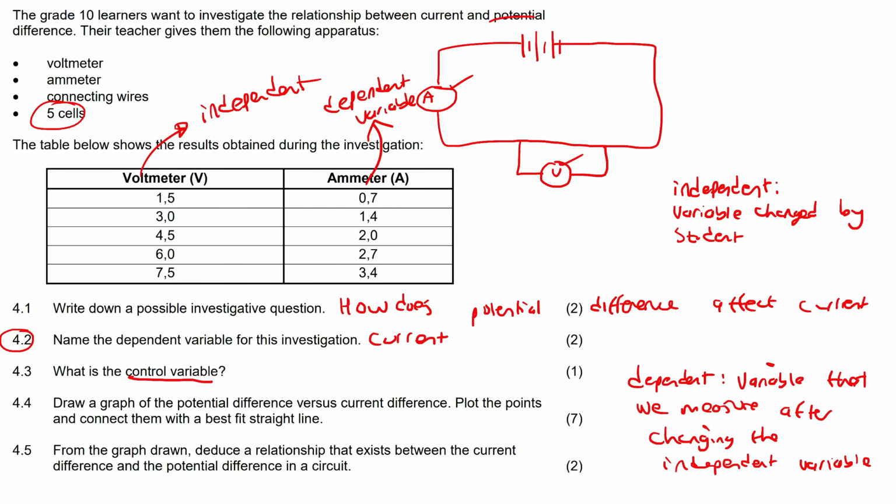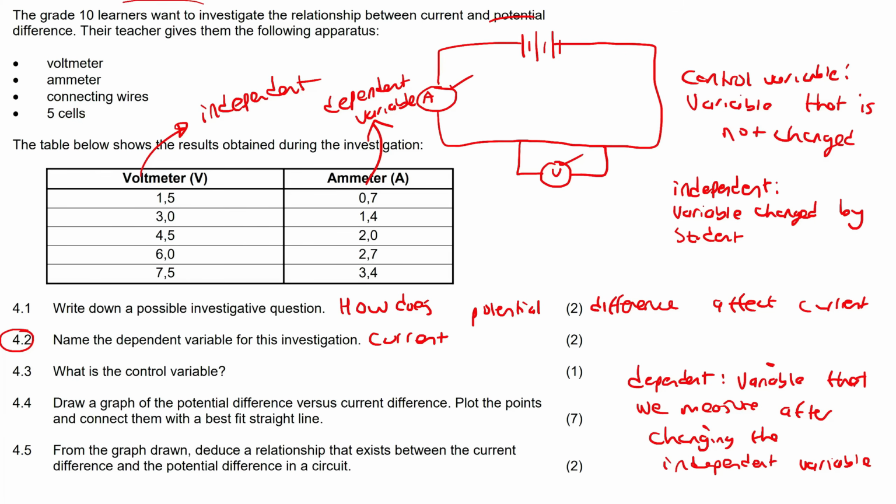What is the control variable? The control variable is the thing that you don't change. So it's the variable that is not changed. And so very often you won't even see the control variable mentioned.